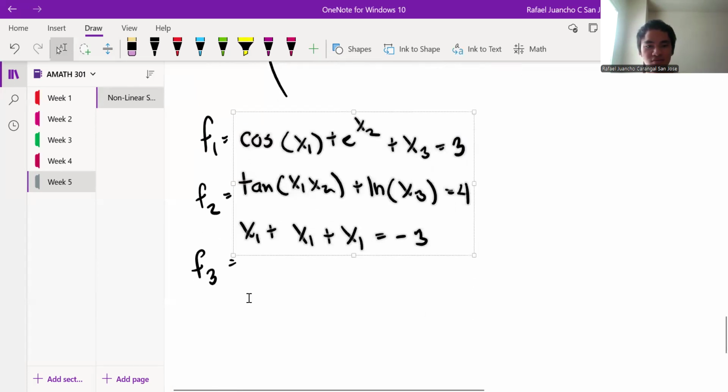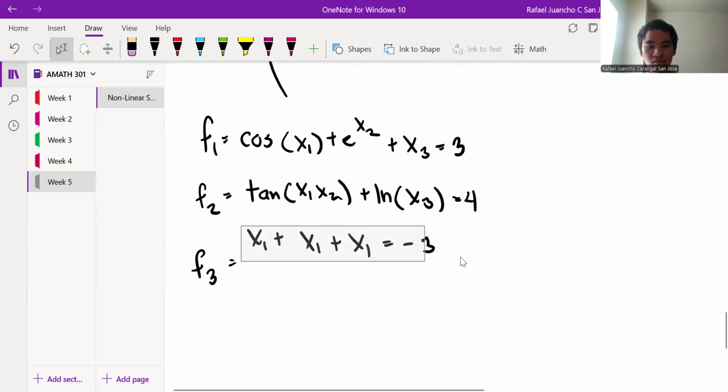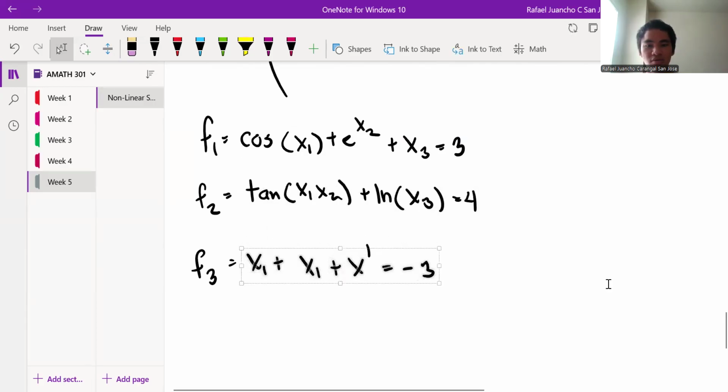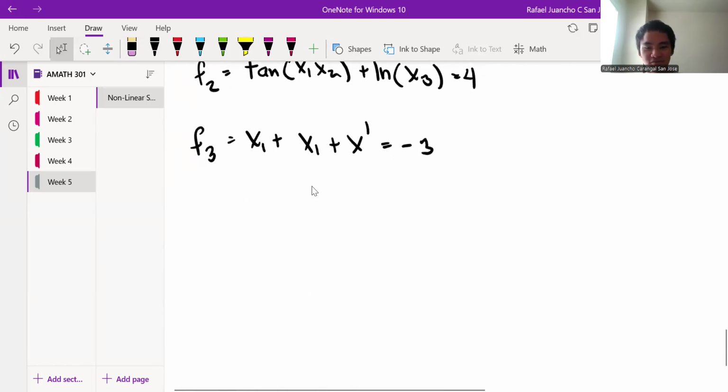That's not symmetric. That's not good. Okay. Oh, this is nice. There we go. Accurate.